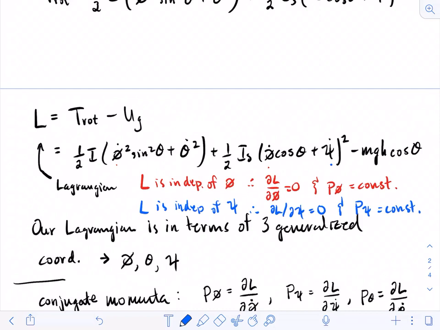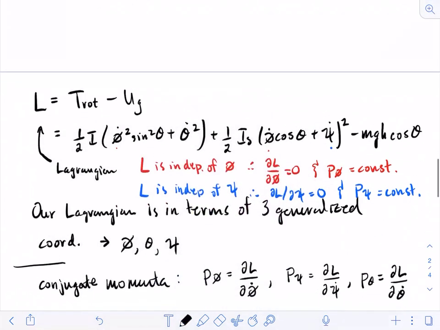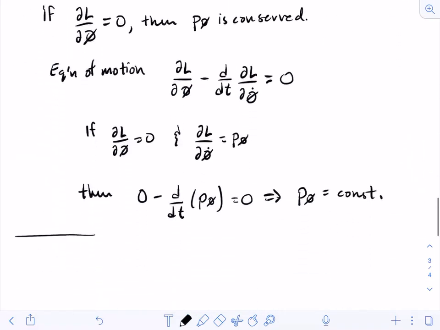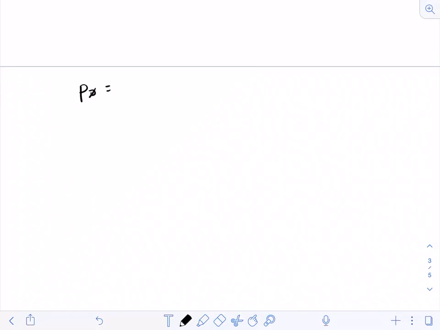But we have already identified two constants of the motion. So p phi is equal to dL/d phi dot is equal to a constant, and p psi is dL/d psi dot is equal to a constant.